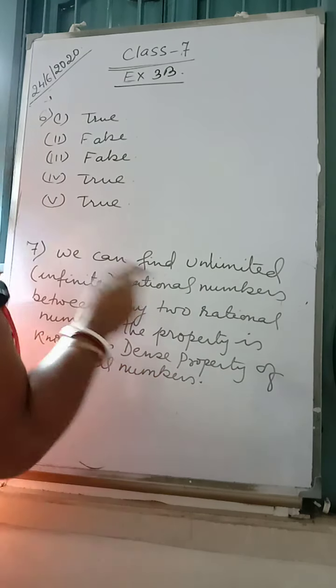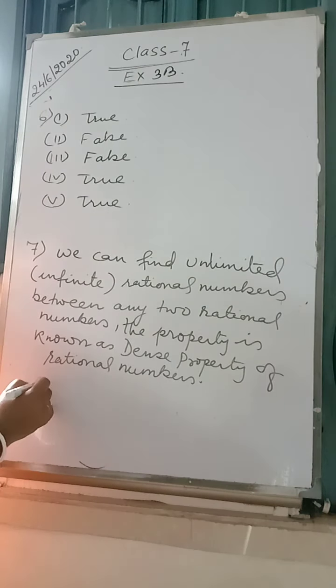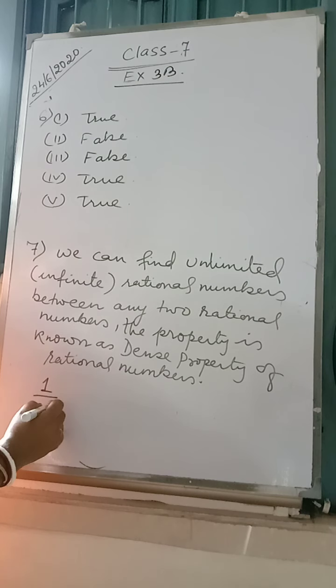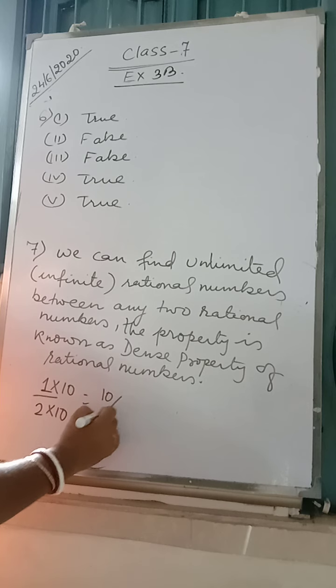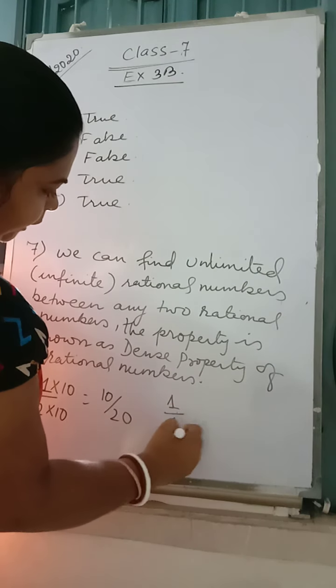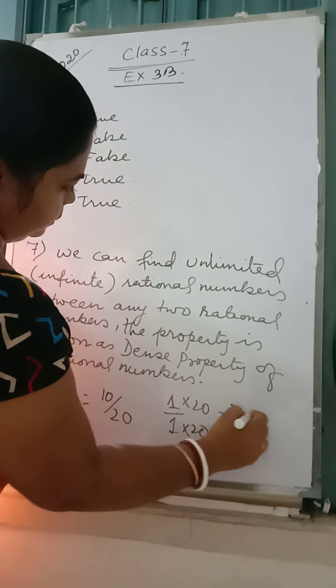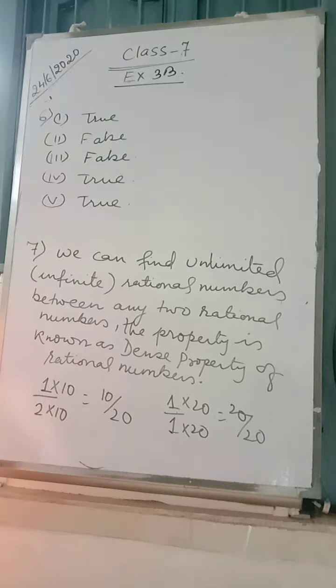Then second, they have asked to find 7 rational numbers between 1 by 2 and 1. So 1 by 2 I can write as 10 by 20 and 1 I can write as 20 by 20. Now do we have numbers between them?